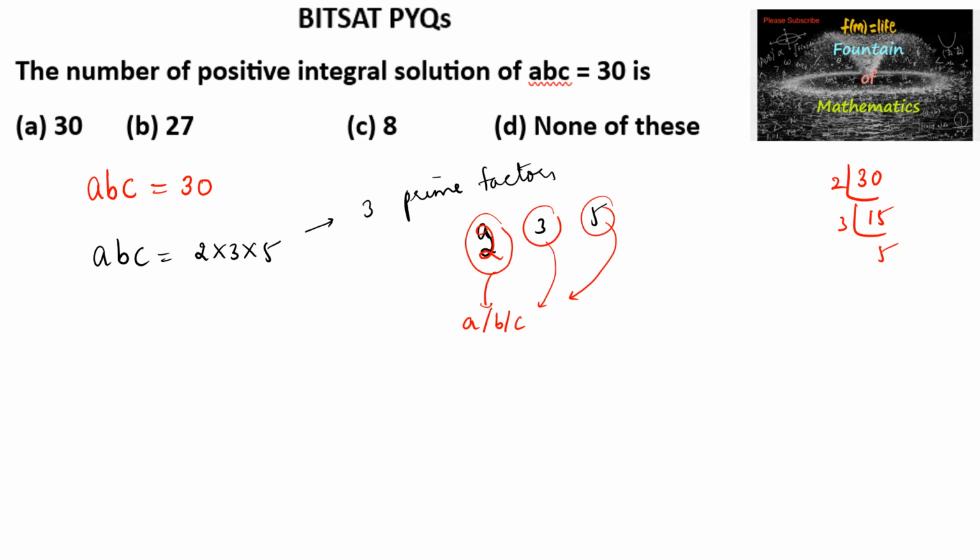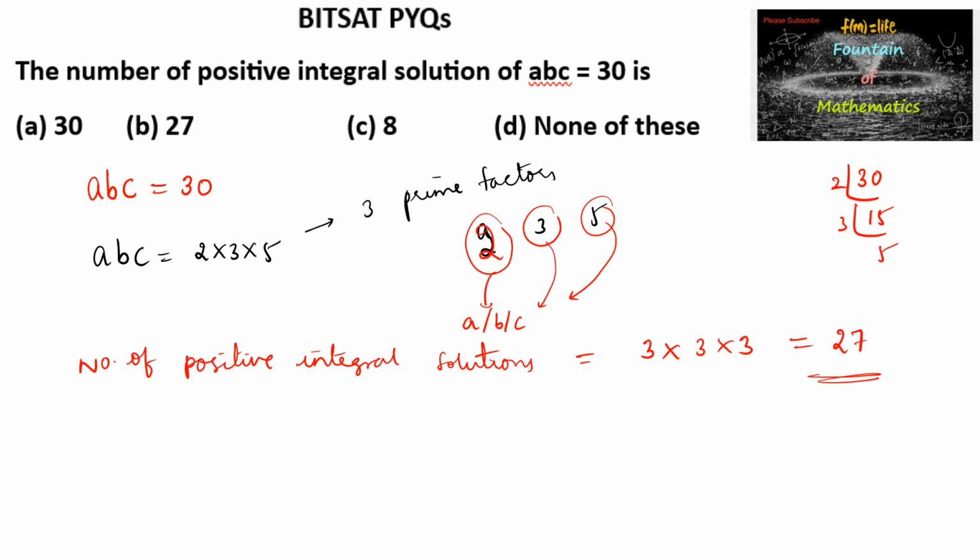So the number of positive integral solutions is given by 3 into 3 into 3. So these 3 possibilities are for each prime factor to assign ABC. So total 27 ways are there, which is option B.